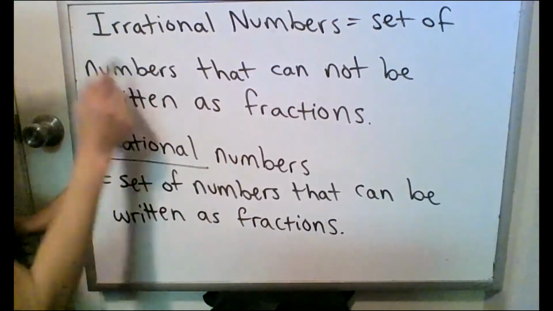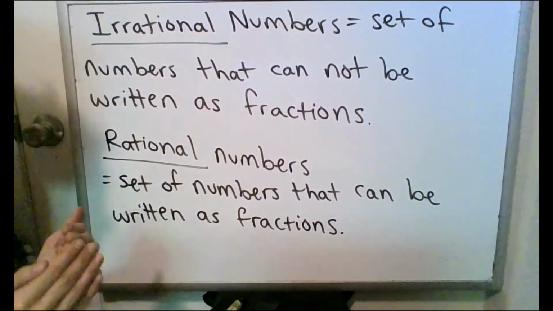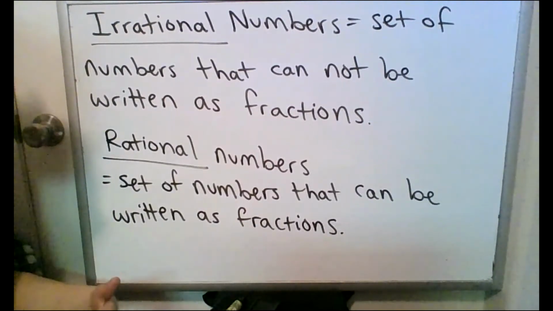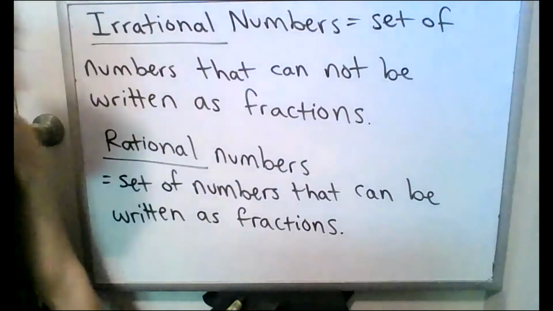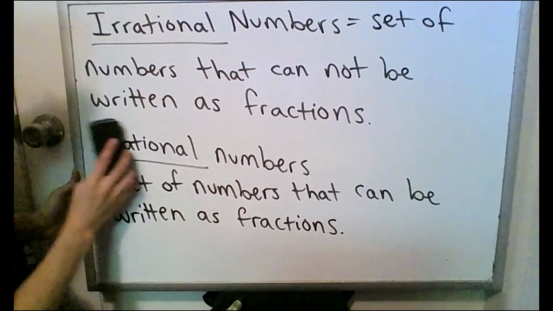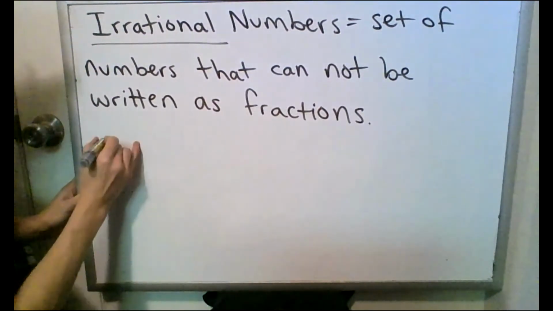So there's the rational, there's the irrational, and then the last set for us, the set that we stop at and that we work in most of our math classes, this class, probably your next class, is the set of real numbers.